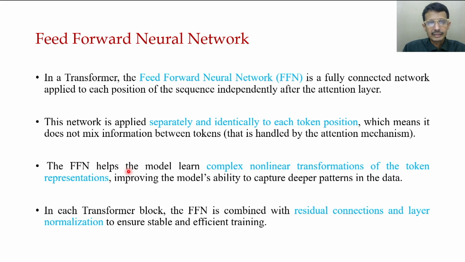And this fully connected network helps to model complex nonlinear transformations of the token because it has a nonlinearity. This improves the model's ability to capture deeper patterns. In each transformer block, this FFN is combined with the residual connection and layer normalization to ensure stable and efficient training. So as a whole, this is the feed-forward network.